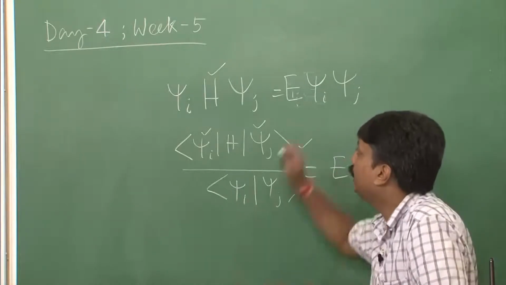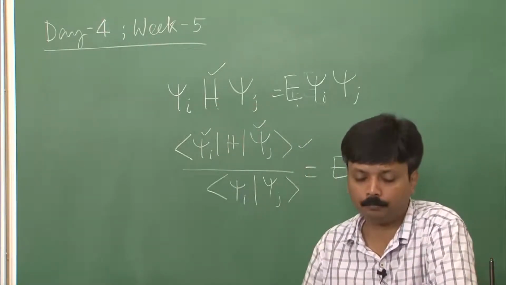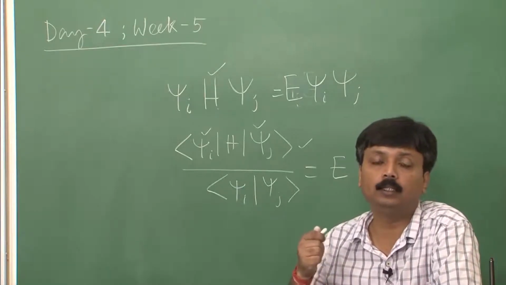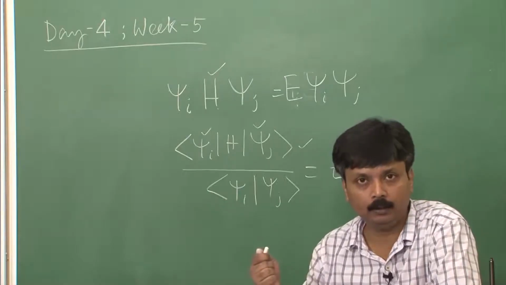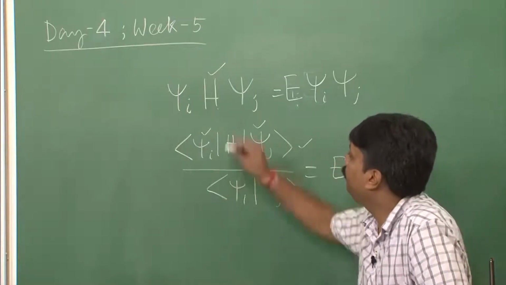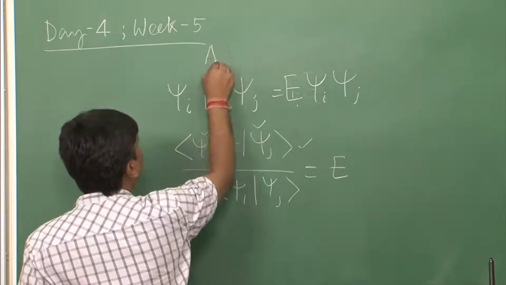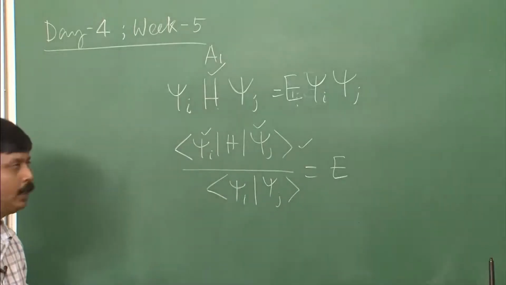That means H, which is an energy operator, is the basis for the totally symmetric irreducible representation, right? So if this belongs to the totally symmetric irreducible representation, then it must be A1, correct?